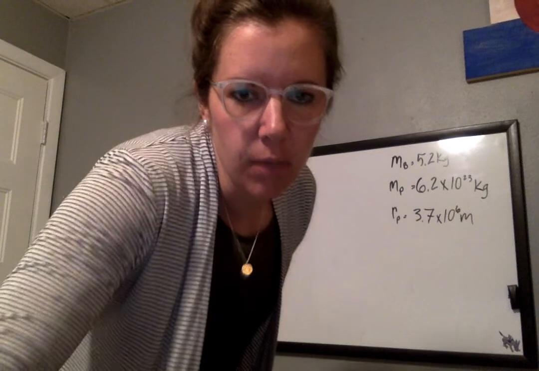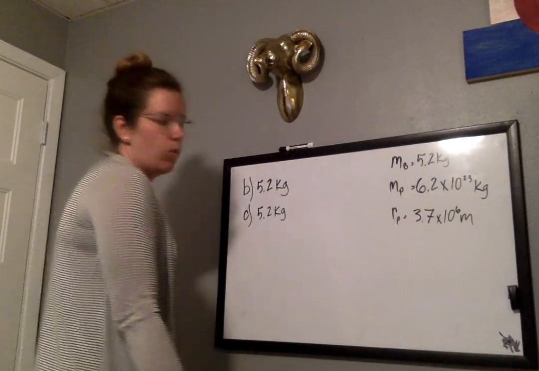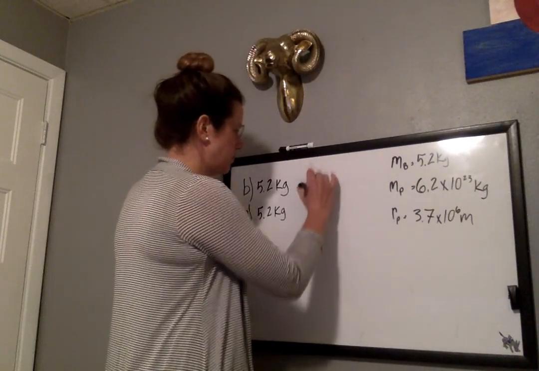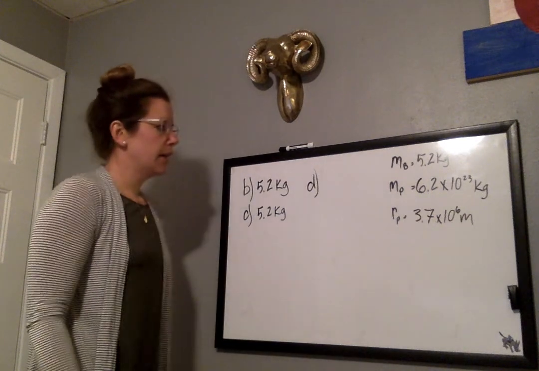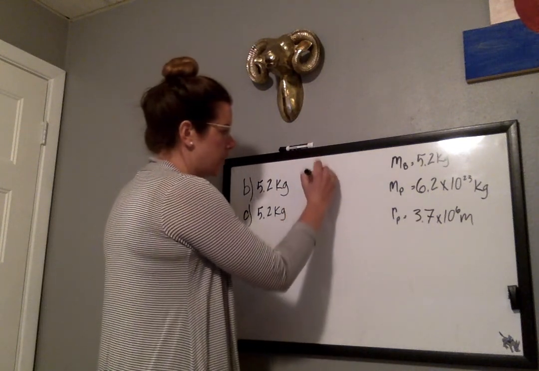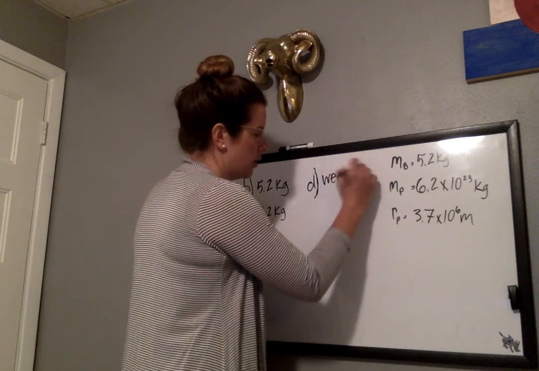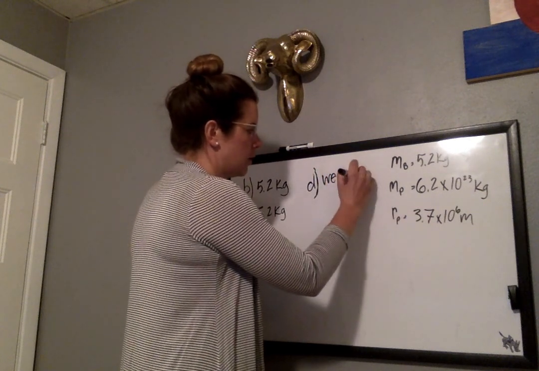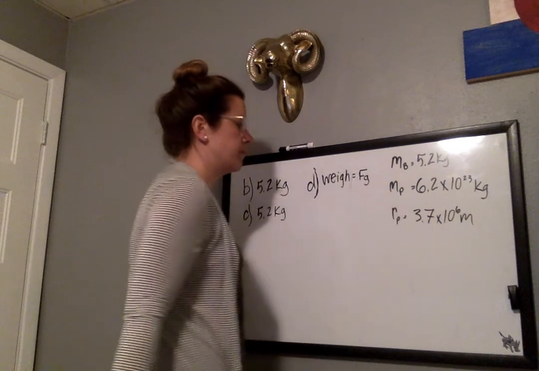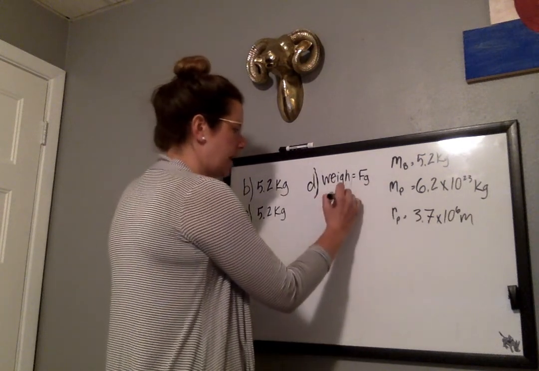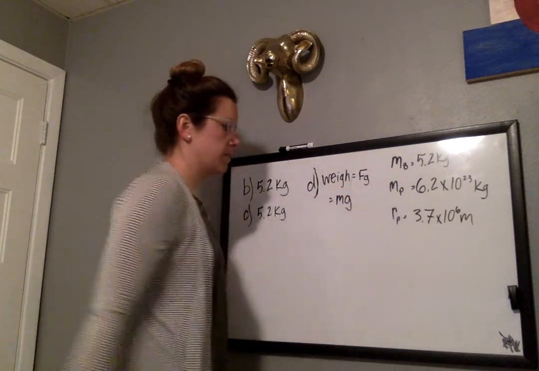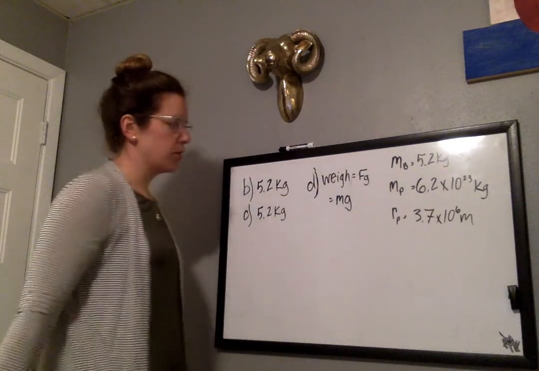Now you need to determine D. What is the weight? So that, again, is the force of gravity that's pulling you down, is the weight. Force of gravity, we always write that as mg. g, again, is your acceleration due to gravity.